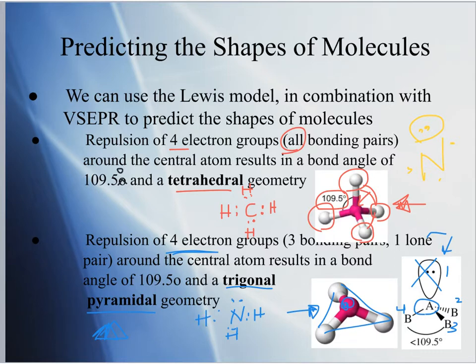Okay, so in a trigonal pyramidal, not planar, we're going to have, again, 3 sides that are bonded to some other atom, and then we have our lone pair on top. Okay, so that's what it would look like in a Lewis dot structure. And again, because we have 4 domains, that bond angle is still 109.5, or super close to it.